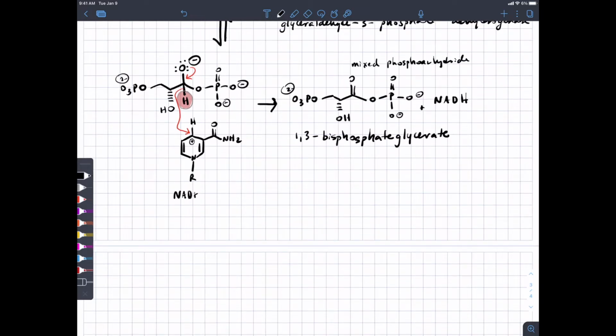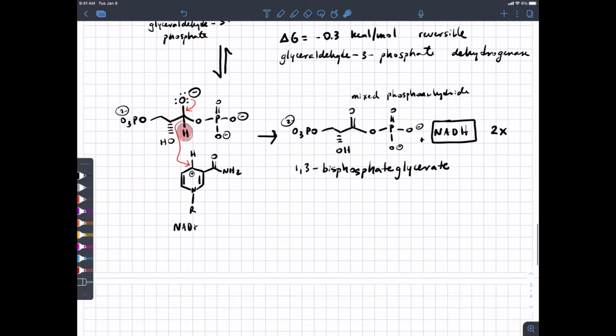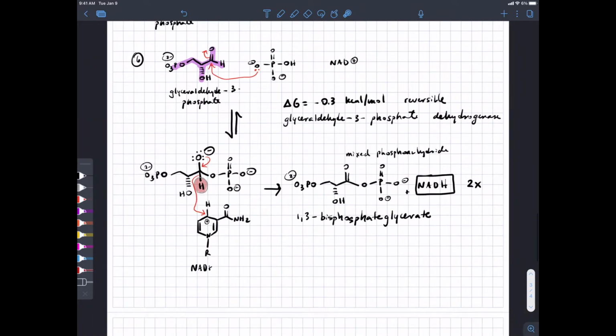All right, so there's some recoup on our investment, because we can take NADH to the electron transport chain and use it to drive the proton gradient, and then use that proton gradient to make ATP. And we've also made a molecule that has a weak sort of high energy bond.